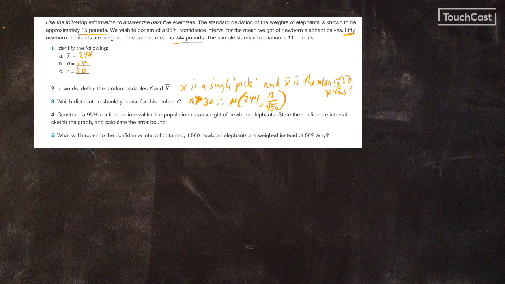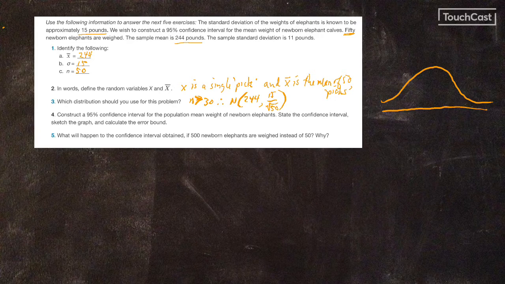So the next part of this question says, construct a 95% confidence interval for the population mean weight of newborn elephants and state the confidence interval, sketch a graph, and calculate the error bound. So the first thing that I'm going to do is just draw the graph. I'm going to draw it over here to the right, just to keep it out of the way.